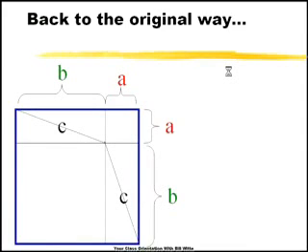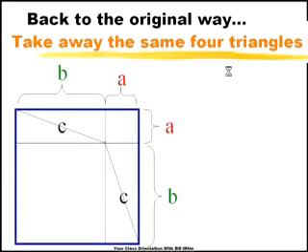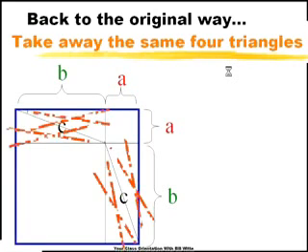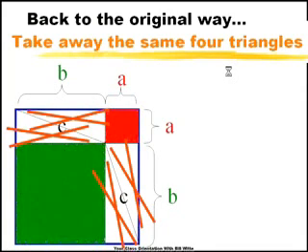Hang in there. The first day, he started with the same window, the same blue window, took away the same 4 triangles. He started with the same thing. He took away the same thing, and he was left with a different shape, mind you. But he should be left with the same thing.